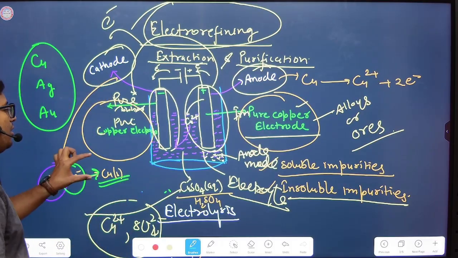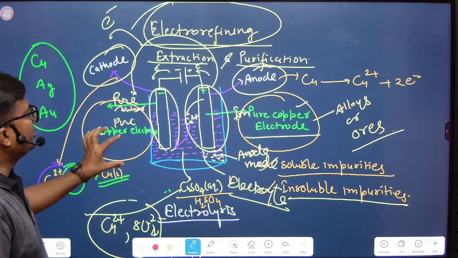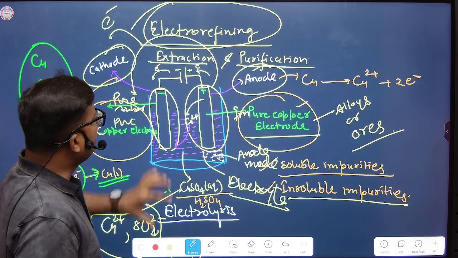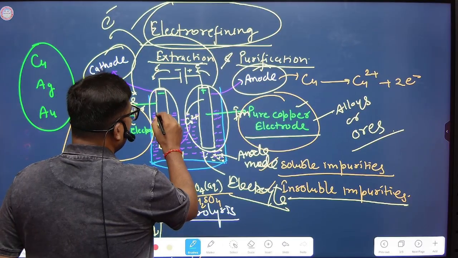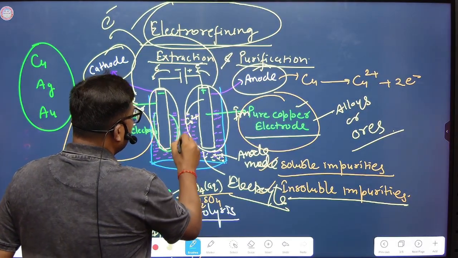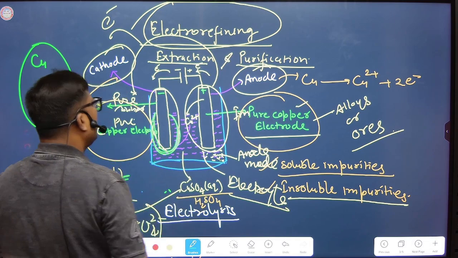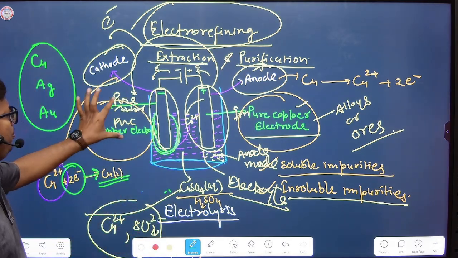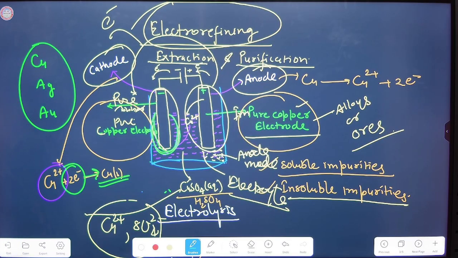And this copper solid is actually deposited around the surface of the cathode, right? So around the surface of the cathode of the pure copper electrode.